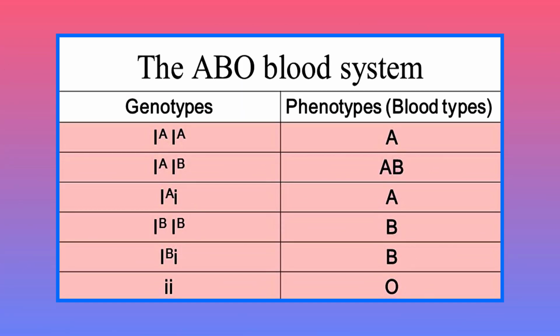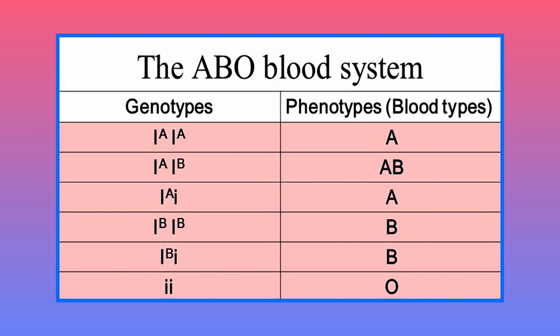So blood typing for the A and B antigens is completely independent of blood typing for the M and N antigens. The gene responsible for producing the A and B antigens is denoted by the capital letter I. It has three alleles, IA, IB and small i.